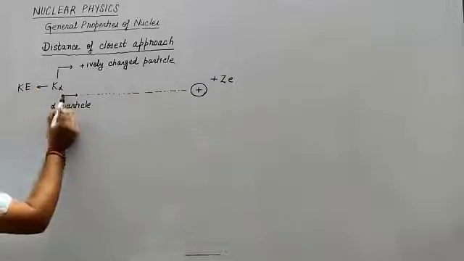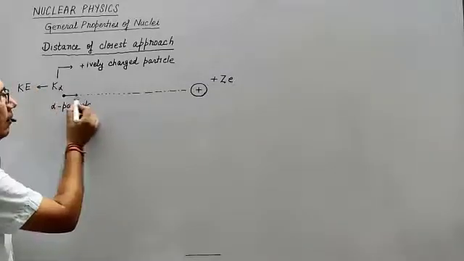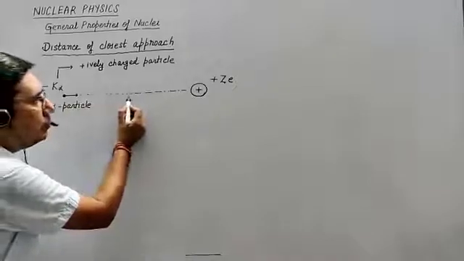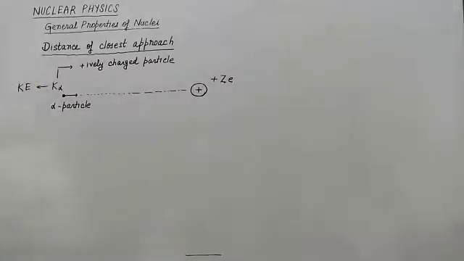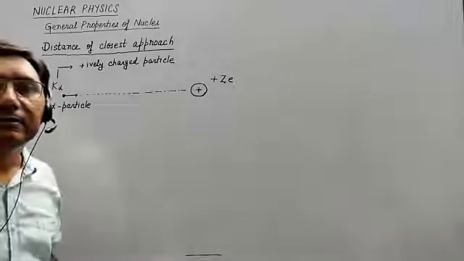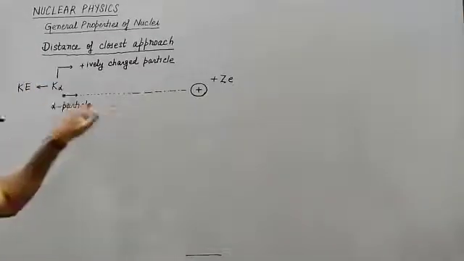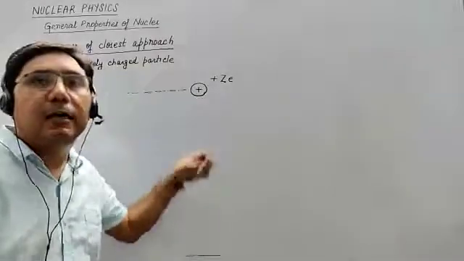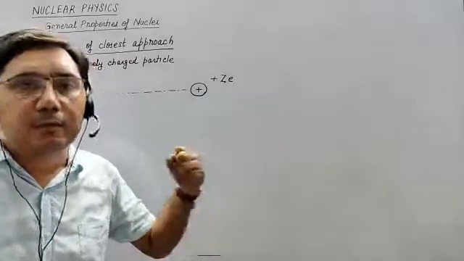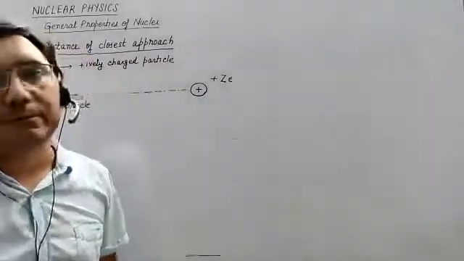Now, when this alpha particle moves towards the positively charged nuclei, then what will happen? This is a positively charged particle, this is a positive nuclei. So basically a repulsive Coulombian force will act between them.